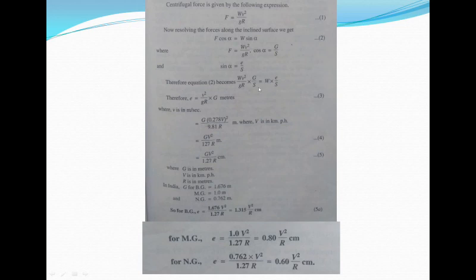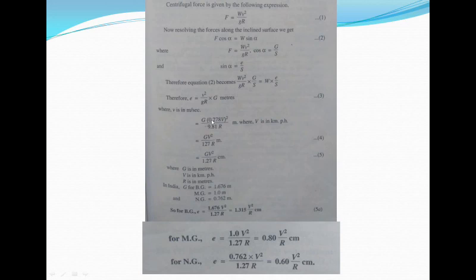And now I am going to resolve this equation for the superelevation E. E is equal to V square divided by gR into G in meters, where V is in meters per second. I am converting this into kilometers per hour. V is in meters per second, so I am converting this into kmph.